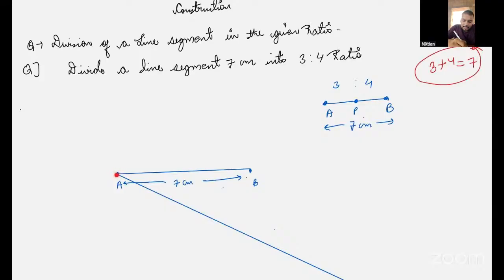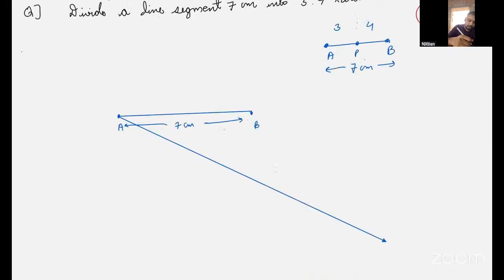Now make an arc like this on the line, this way. Put the tip on the A, and with the compass that you open, make an arc like this.